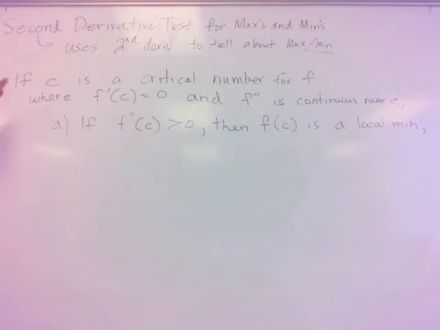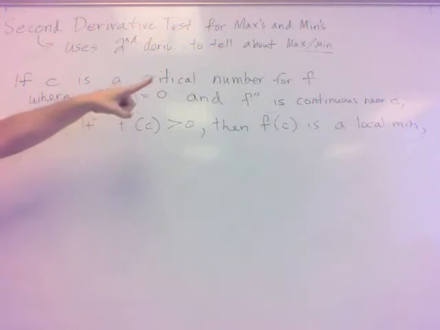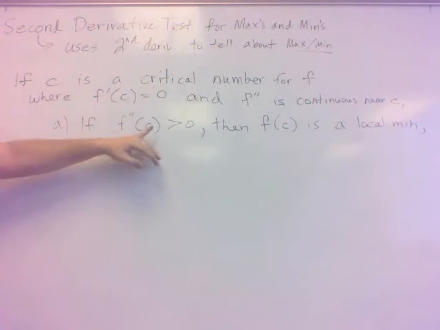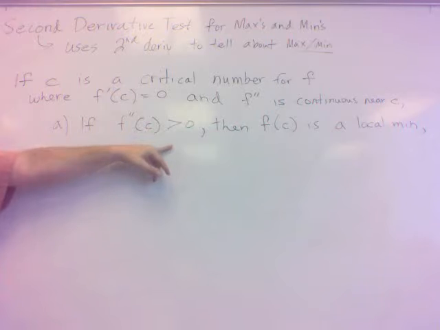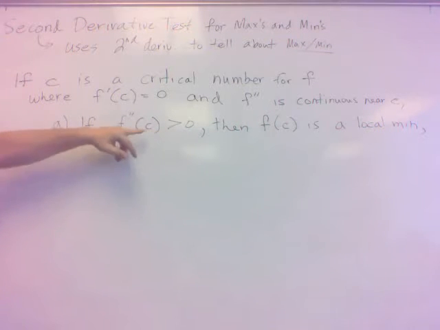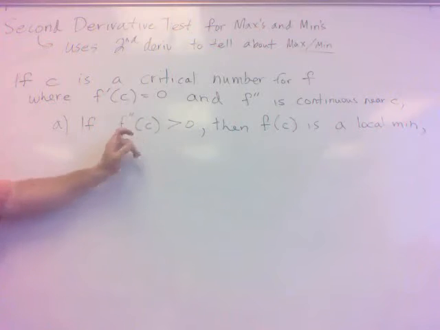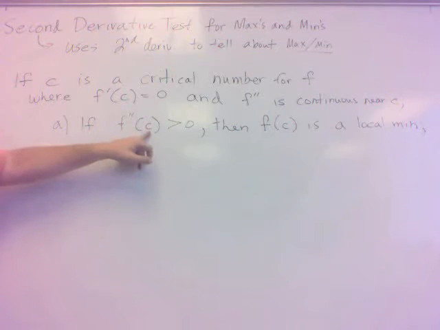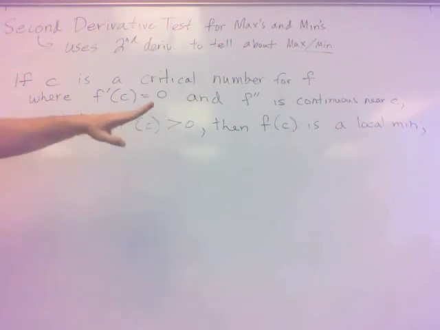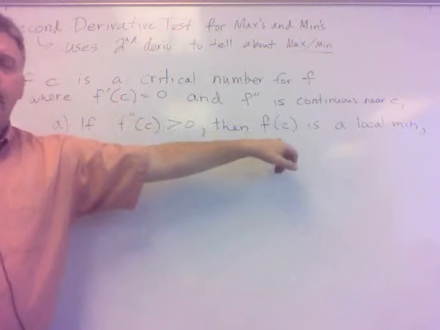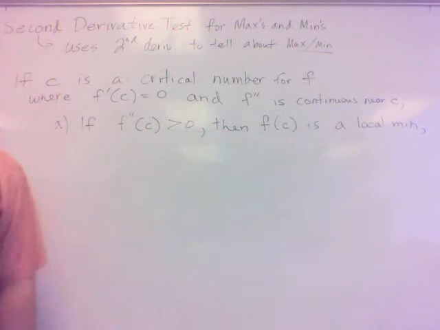We're getting this critical number just like we did before, but then we're going to plug it into the second derivative of the function and see whether that's greater than 0, less than 0, or equal to 0. But if you plug in your C value and it's greater than 0, it turns out you've got a local min there at C.